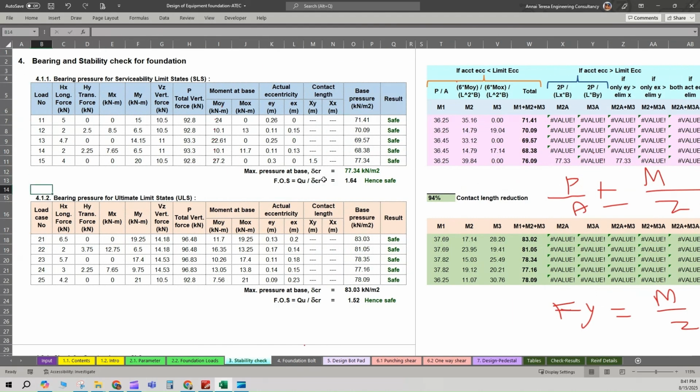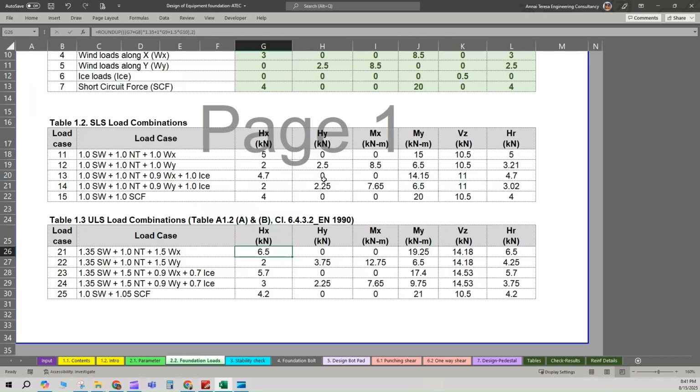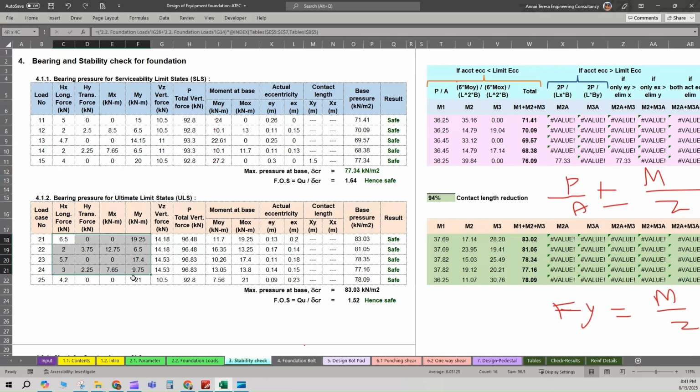The same procedure we are going to follow for ULS also. The only thing is the loads are going to change as per the table values applicable for ULS load combinations alone. Only these values are going to change.